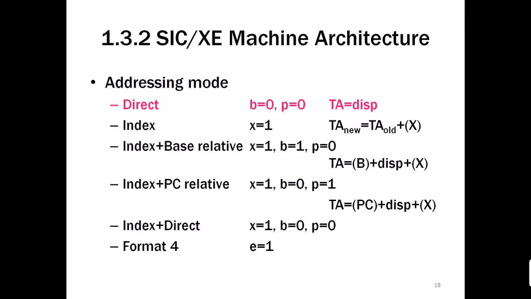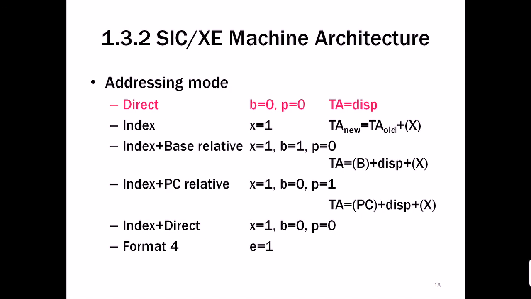And index addressing mode, when x equals 1: the new target address is the old target address plus the value of X. Then index plus base relative, when x equals 1, b equals 1 and p equals 0. We calculate the target address as the value of the base register B plus the displacement field plus the index value.